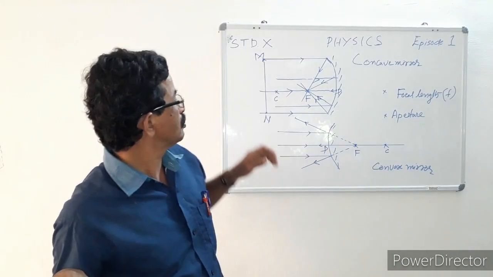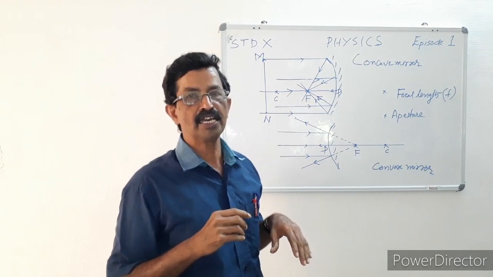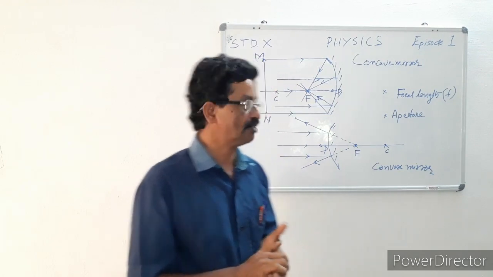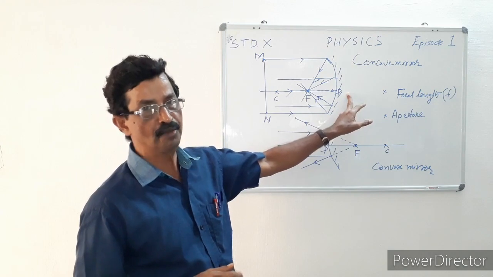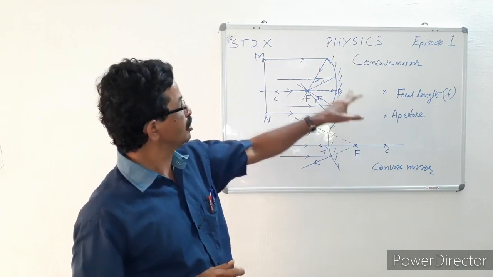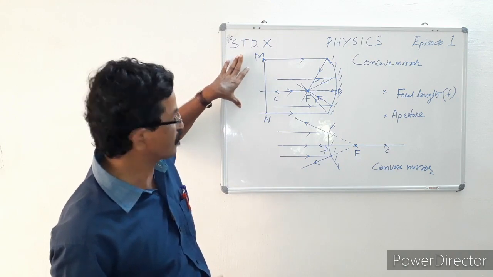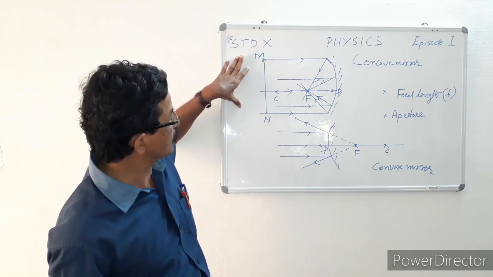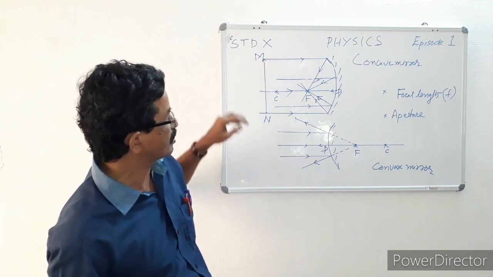Okay, now that principal focus we can represent with a diagram. You see, this is a concave mirror. Light from a very large distance, that means from the sun, is parallel to the principal axis. This is the principal axis.